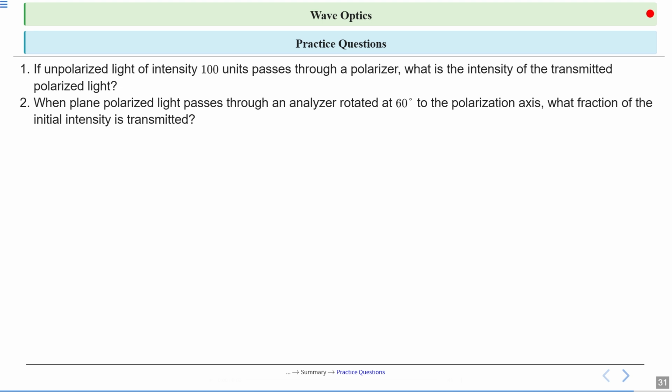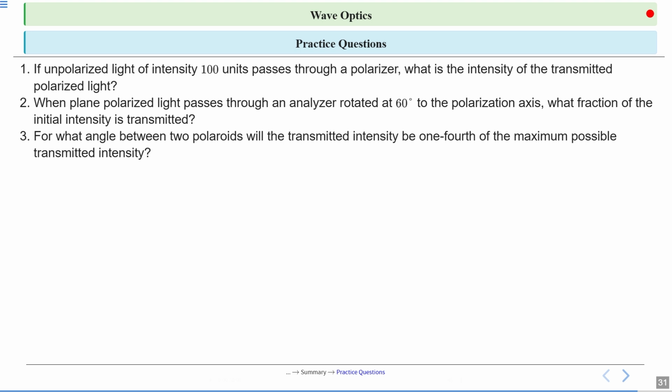What happens when plane polarized light encounters an analyzer? The analyzer is rotated at 60 degrees to the polarization axis. We need to determine the fraction of initial intensity that gets through. This involves understanding Malus law, which states that transmitted intensity I equals I naught cos square theta.